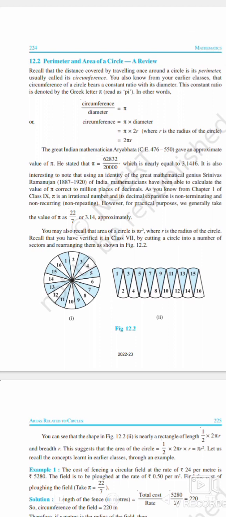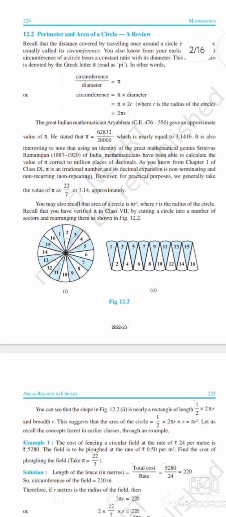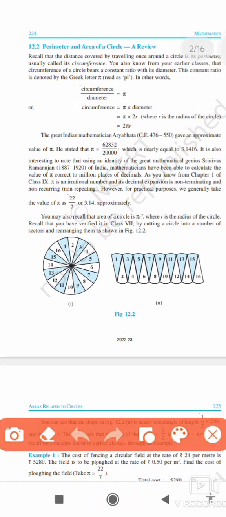Now, what is pi? It was given very precisely a long time back. Pi is basically 22 by 7, that is 3.14.